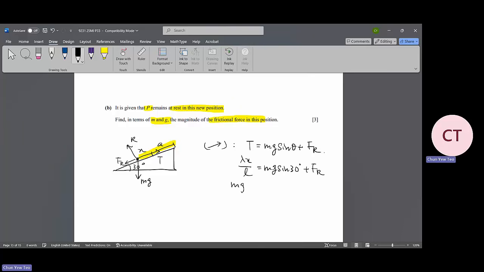Lambda is given as mg. x, just now we found x is 2 over 3a. L is a. This is the half mg. So your Fr will be equal to 2 over 3 mg minus the 1 over 3 mg, which is 1 over 6 mg. Okay, so that will be your frictional force. Done. This will be the answer for number 2B.